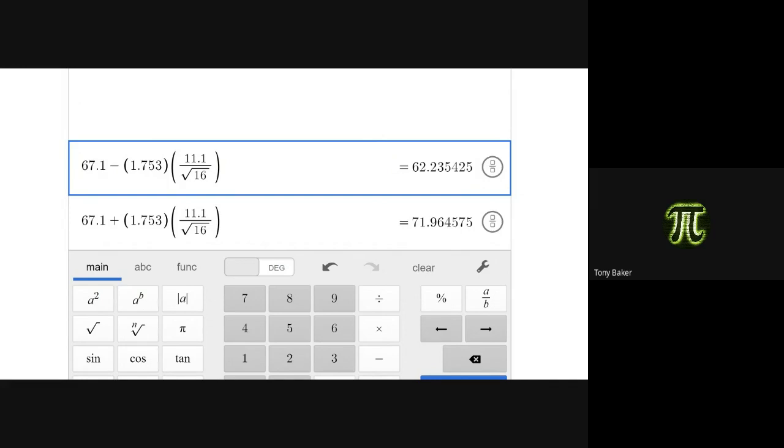No, it's not degrees of freedom. In this case, it is the sample. The sample size was still 16. My degrees of freedom is one less than that, so it's 15. Good question.